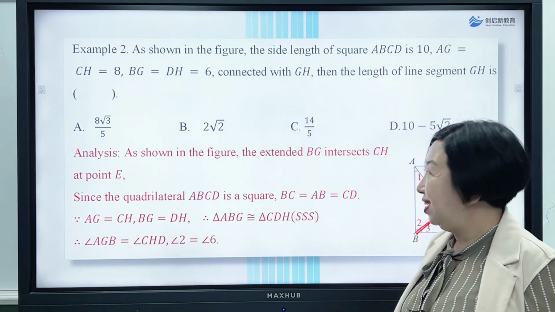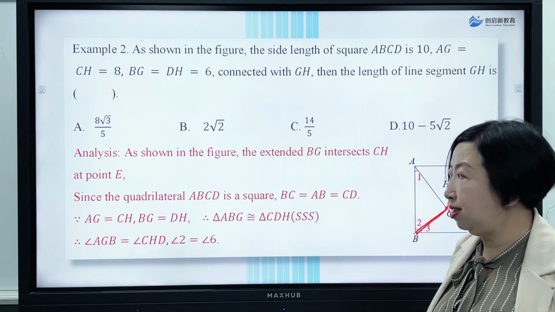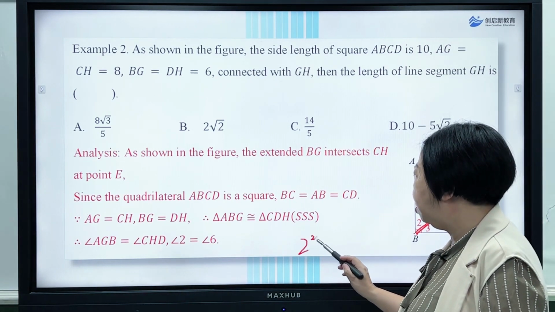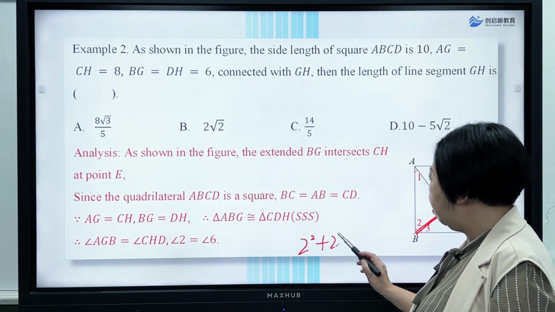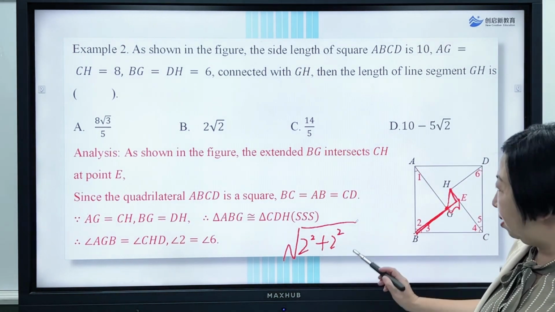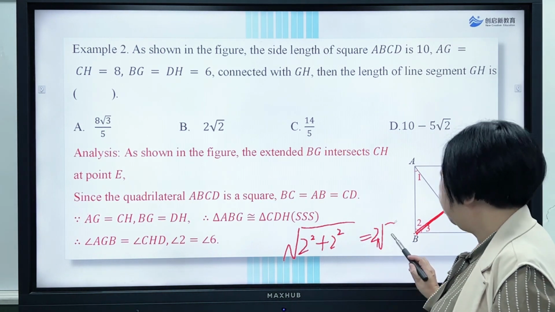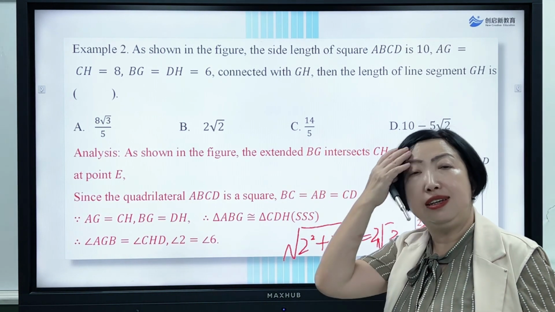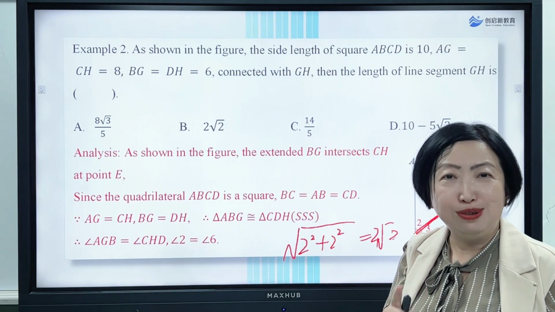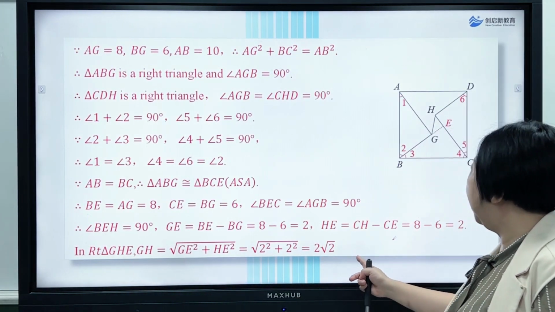It is 2. So the hypotenuse HG is the square root of 2 squared plus 2 squared. Here is 2 times the root 2. So the answer is 2 root 2. So B is the right answer.